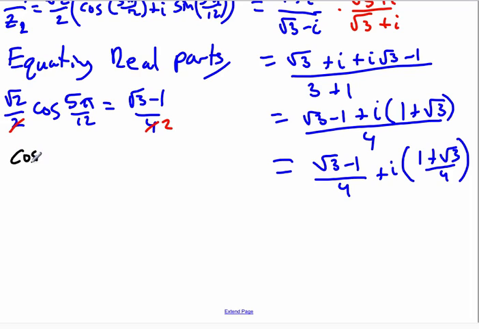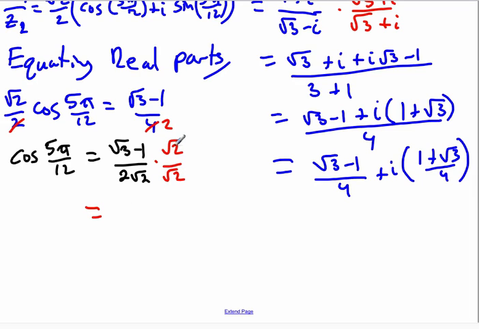So I'll get cosine 5 pi over 12 equals root 3 minus 1 over 2 root 2. And I guess according to the mark scheme on most IB exams, we can leave it like that, but if you want to, you can rationalize the denominator, and we'll get root 6 minus root 2 over 4, right? So that is the exact value of cosine 5 pi over 12.